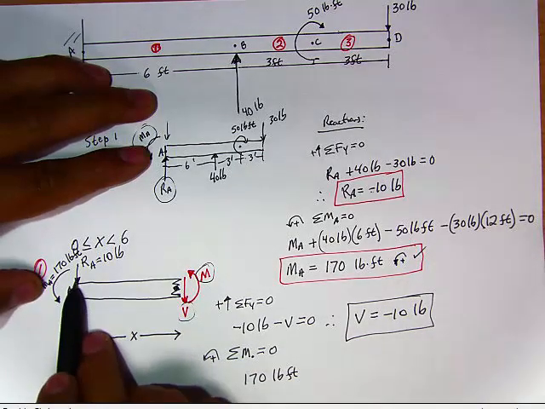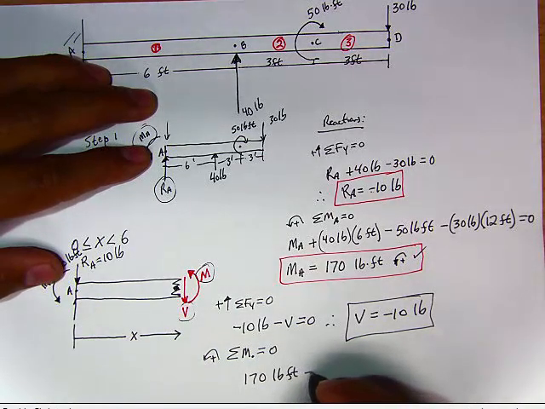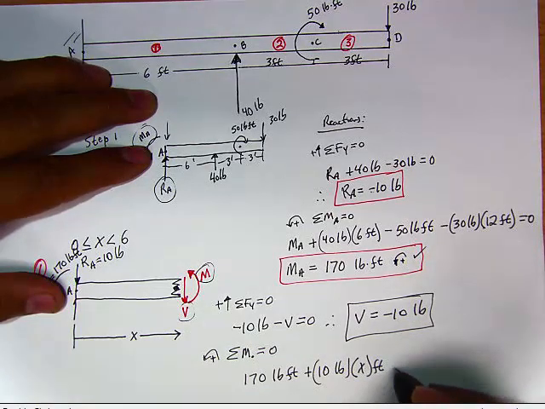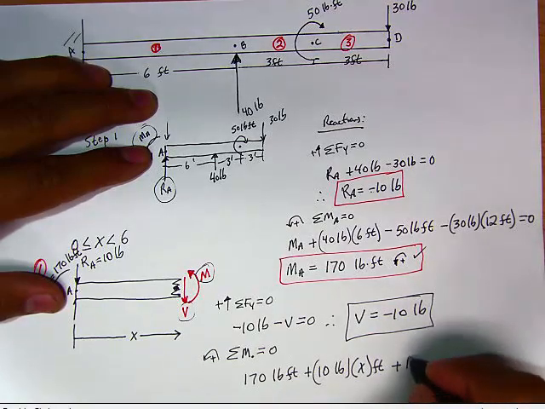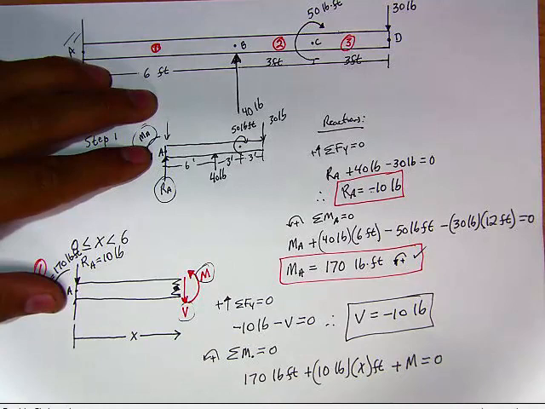And then RA is also producing a counterclockwise movement. So it is positive, that will be 10 pounds. At what distance? That distance is known as x. And last but not least, plus m, which is also being directed counterclockwise. And this is equal to 0.